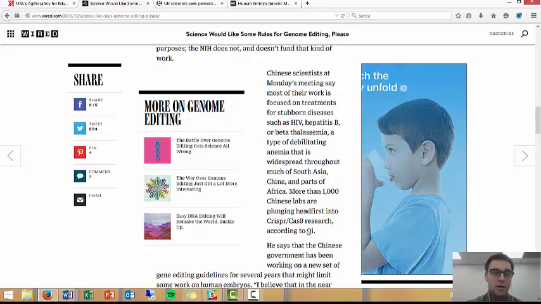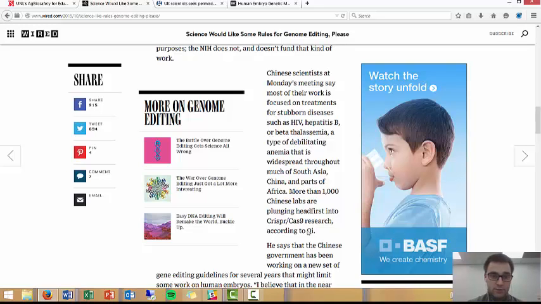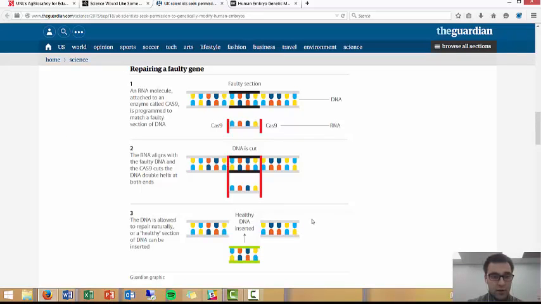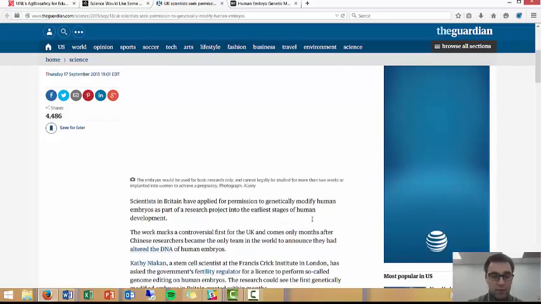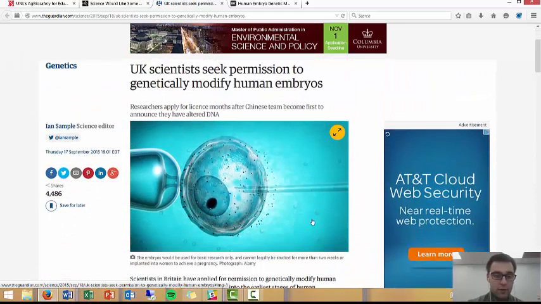And our last segment is, how are we going to be using it in the near future? Well, some UK scientists are trying to fix a problem with human embryos. They are taking the blood disorder that we talked about in the previous article and applying the genome editing, CRISPR-Cas9, to it in young embryos.